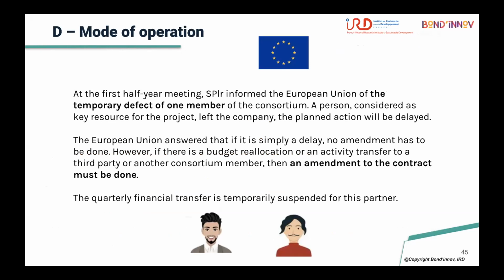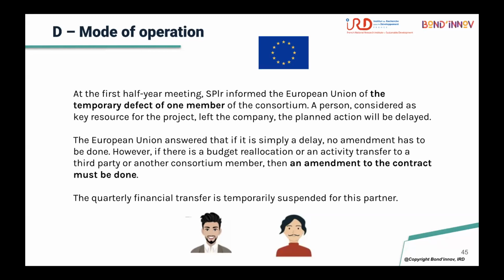So this is just some highlights of the events during the project implementation. At the first half year meeting, SPIRE informed the European Union of the temporary defect of one member of the consortium, a person considered a key resource of the project, who left the company.